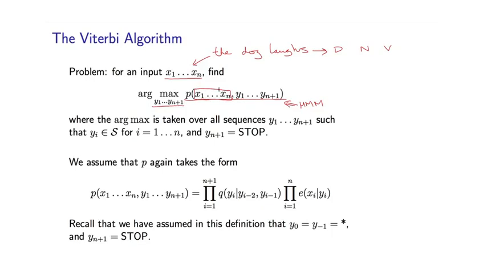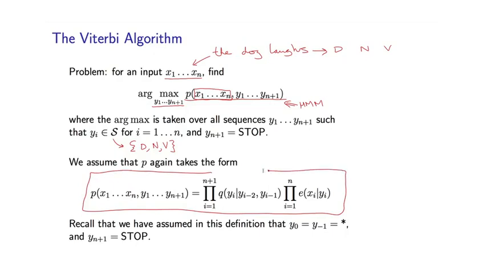Okay, so again, S is going to be defined to be the set of possible tags. Let's say for the sake of argument we just have these three tags here, D, N and V. And so we're going to search over all valid tag sequences where yi is in S for i equals 1 to n, and yn plus 1 is equal to stop. We're going to assume that P takes the form I showed you for a trigram HMM.